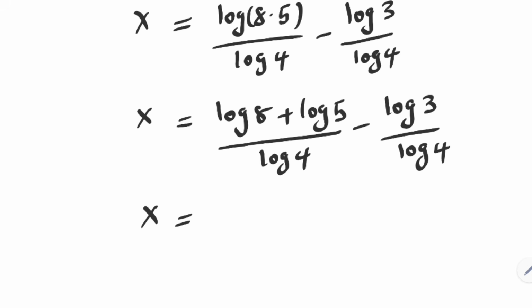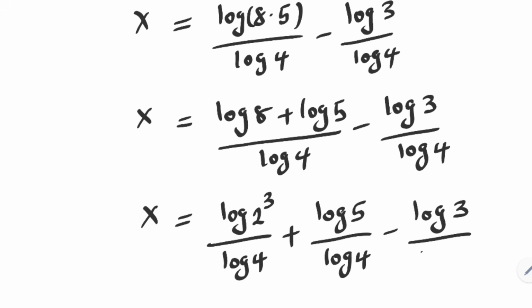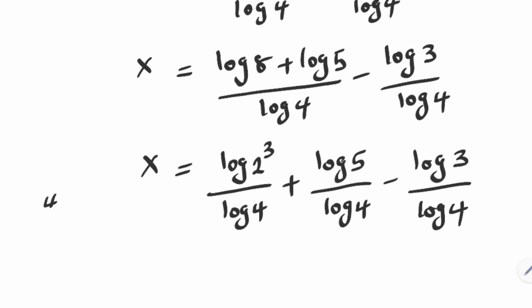x is equal to log 8 can be written as log 2 raised to power 3 over log 4 plus log 5 over log 4 minus log 3 over log 4. 4 is equal to 2 square.